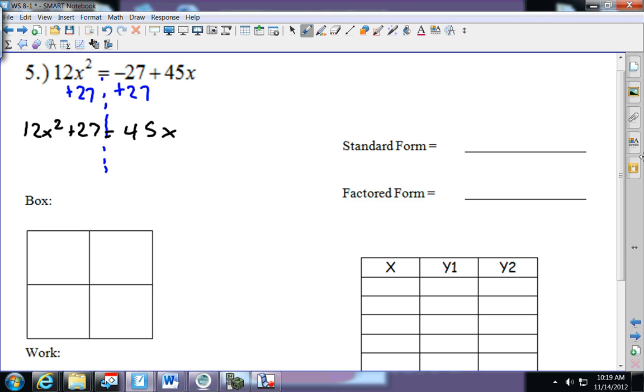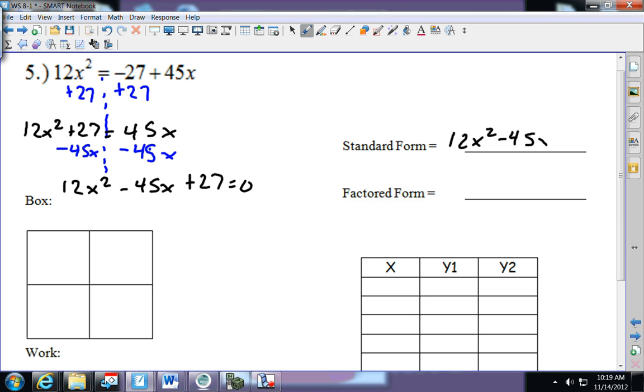I'm going to subtract 45x from each side. I get 12x squared minus 45x plus 27 equals 0. So that's standard form.